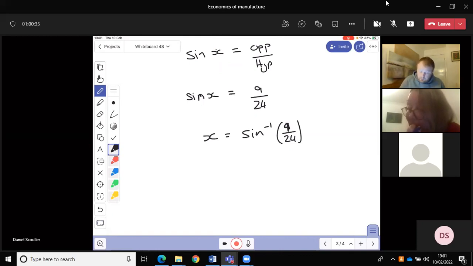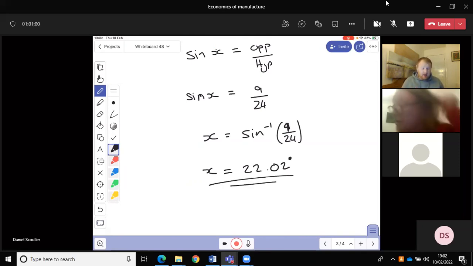You should get x to equal 22.02. When we're doing angles, we use the wee degrees sign, which is like a wee circle up to the top right, so remember to put that in to show that we mean degrees. Again, 2 decimal places, unless it asks otherwise.